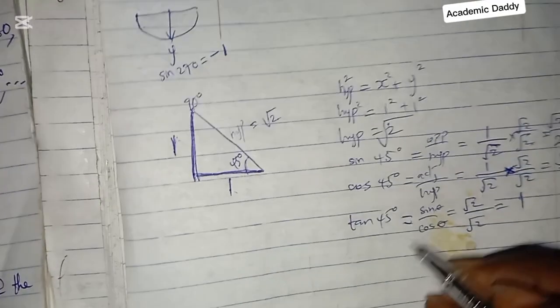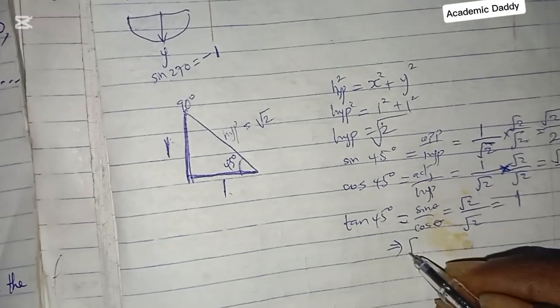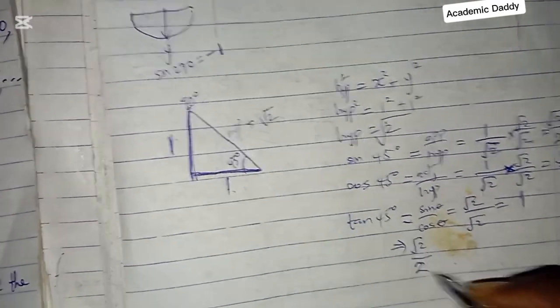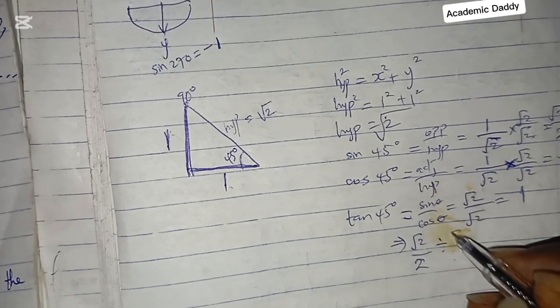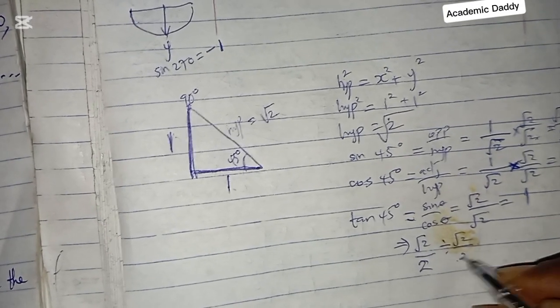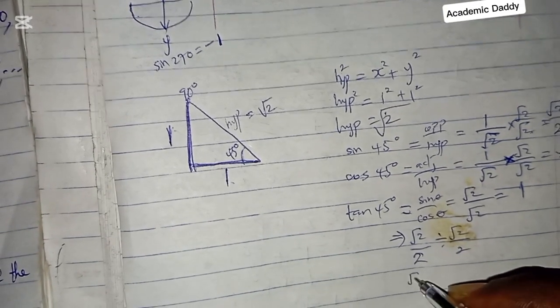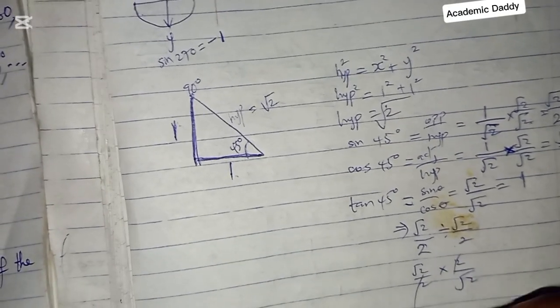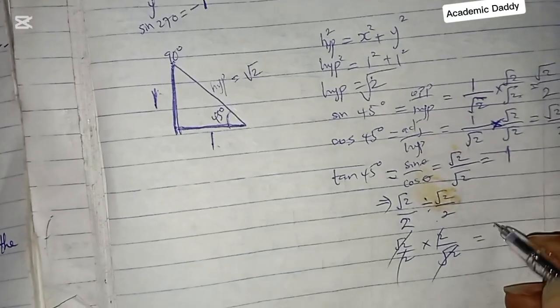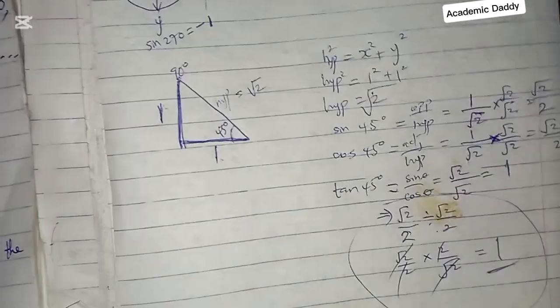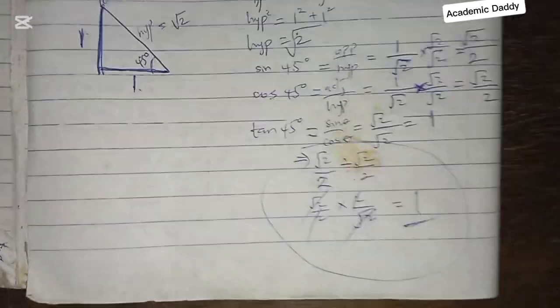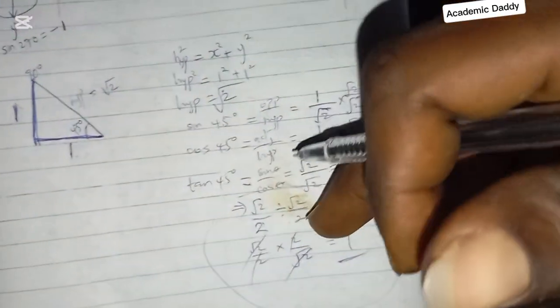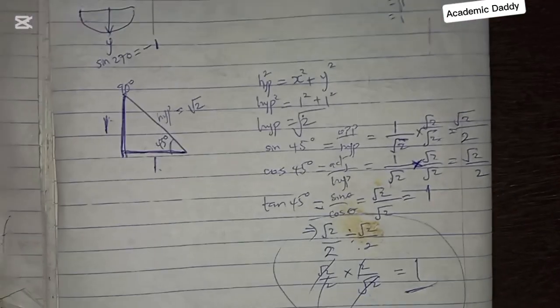But if you want to do it by mathematics so that I don't confuse you, let's do root 2 over 2 divided by root 2 over 2. You see that this is the same thing as saying root 2 over 2 times 2 over root 2. This will cancel, this will cancel, which is equal to 1. I don't like doing this. When it's tan, don't stress yourself doing this, because if you are still doing this when it's tan, it simply means that you've not understood this course.